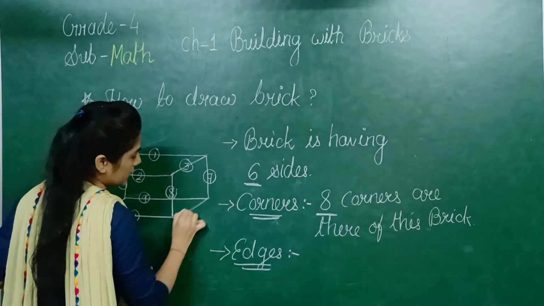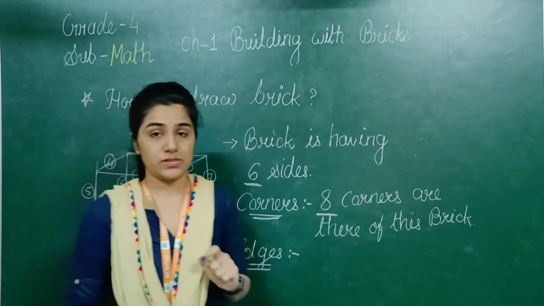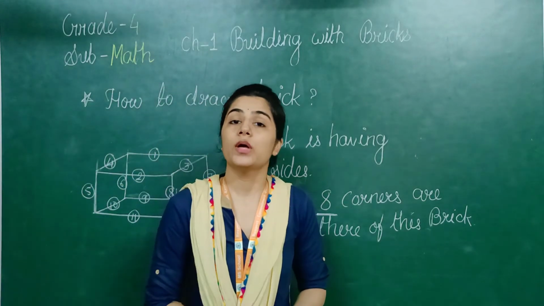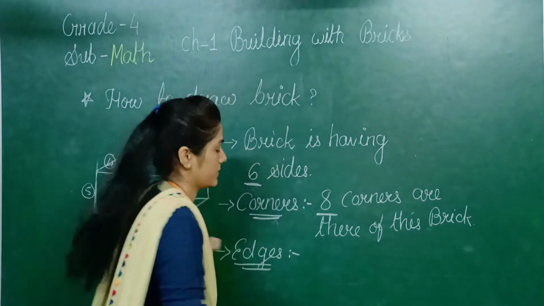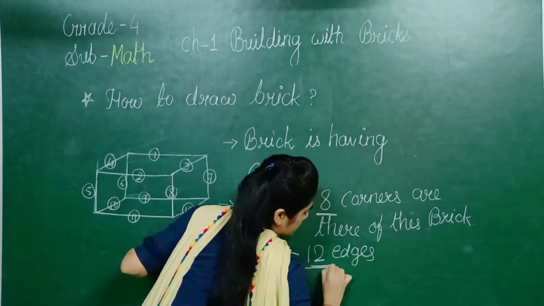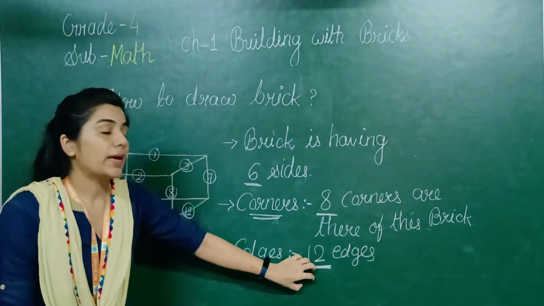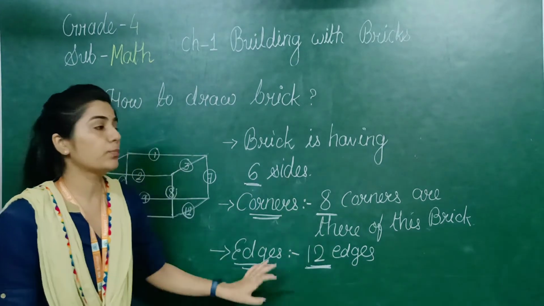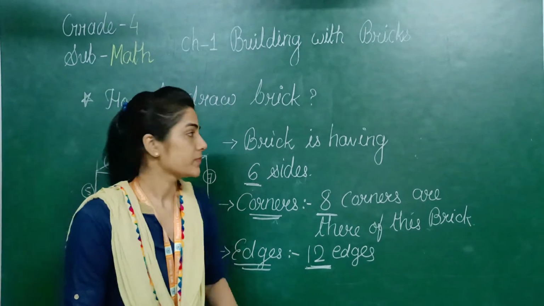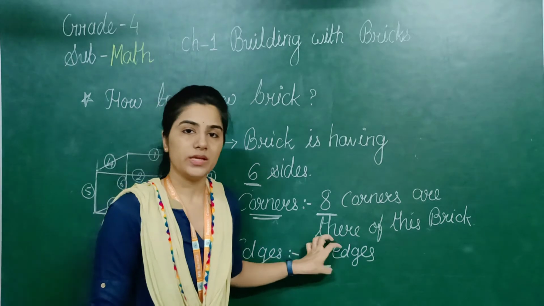And this one is 12. So we can say that a brick has 12 edges. How many edges are there? A brick has 12 edges, right? So you have to remember all these points: 6 sides, 8 corners, as well as 12 edges.